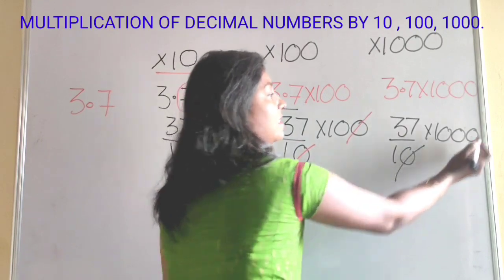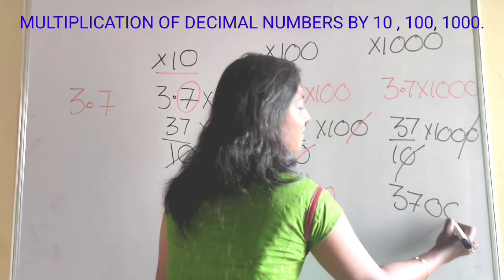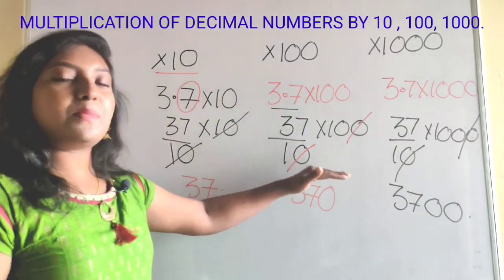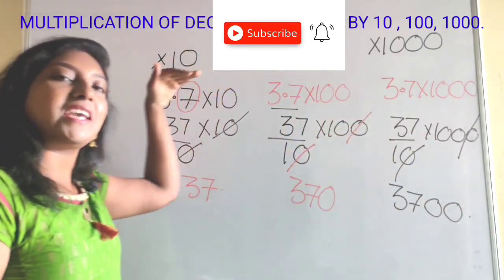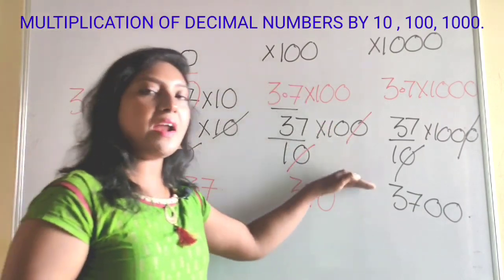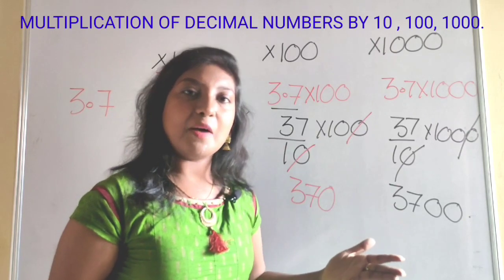So, here we have 10 and 10. We got our answer as 3700. So, in this way we can multiply the decimal numbers by 10, 100 and 1000. Here I have taken the same example, how we can multiply it by 10 and by 100 and by 1000. Now, let's see one more example.